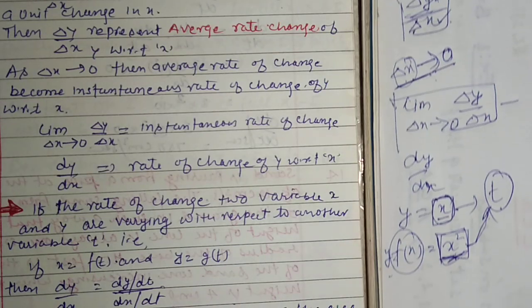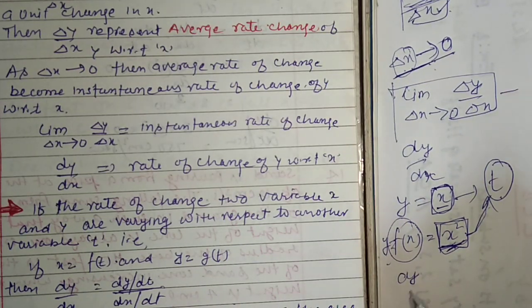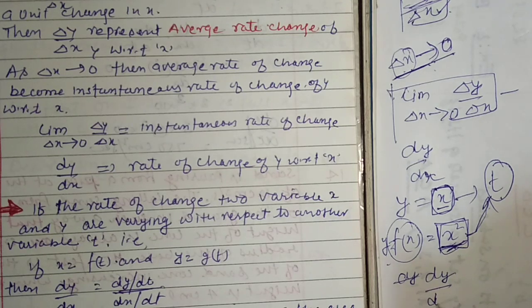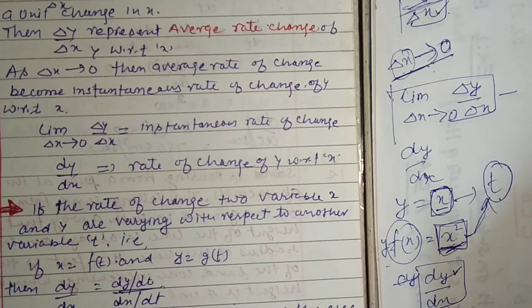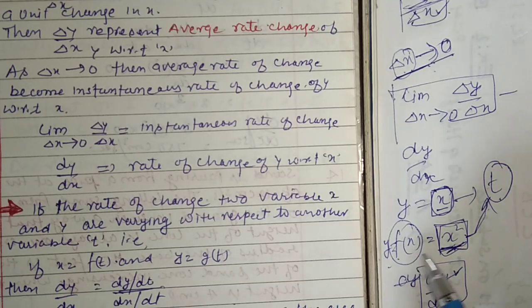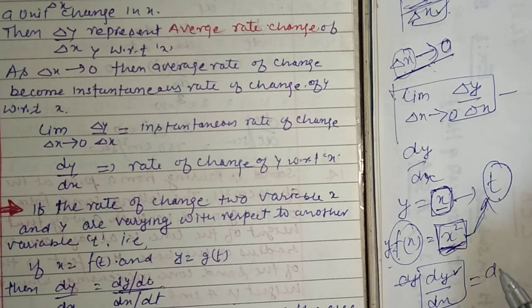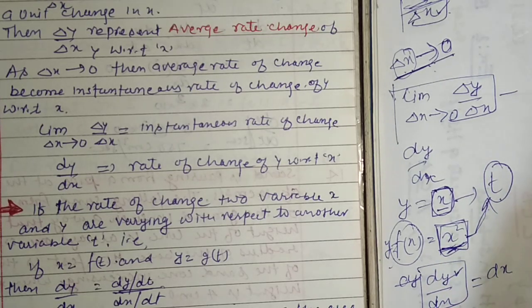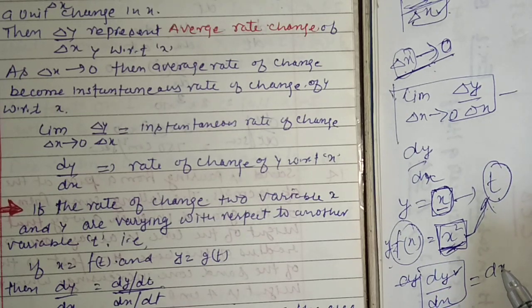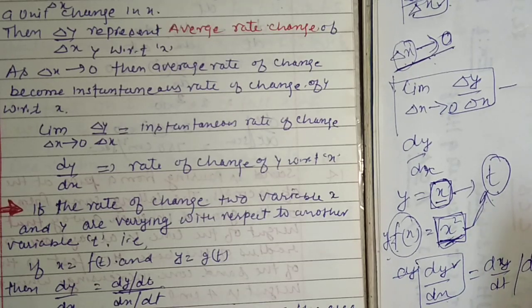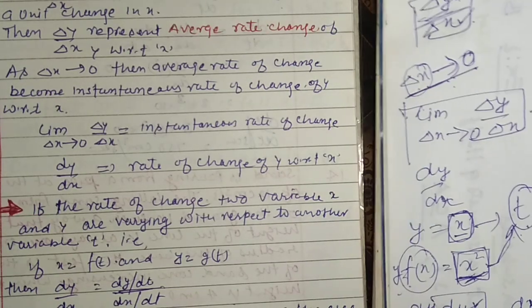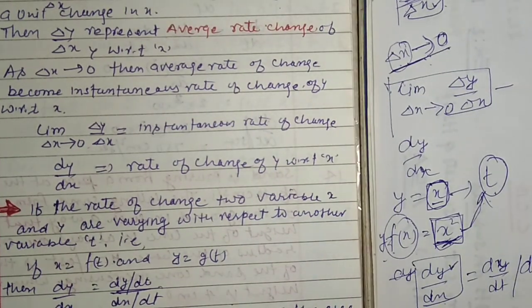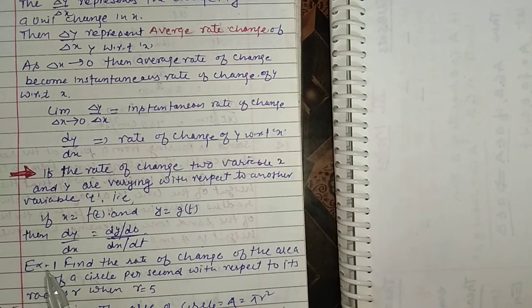So we can write it as dy. देखो ध्यान समझिए आप, dy में जो चेंज आ रहा है वो तो x के रिस्पेक्ट में ही आएगा बिकॉज y इज अ फंक्शन ऑफ x, बट जो dx है वो आपका t के रिस्पेक्ट में चेंज आ रहा है. सो वी कैन राइट इट एज dy upon dt upon dx upon dt. क्लियर?